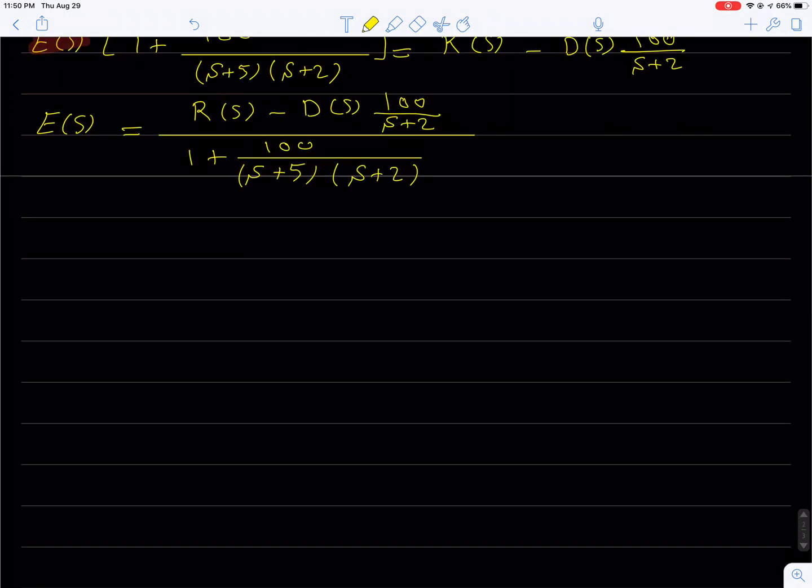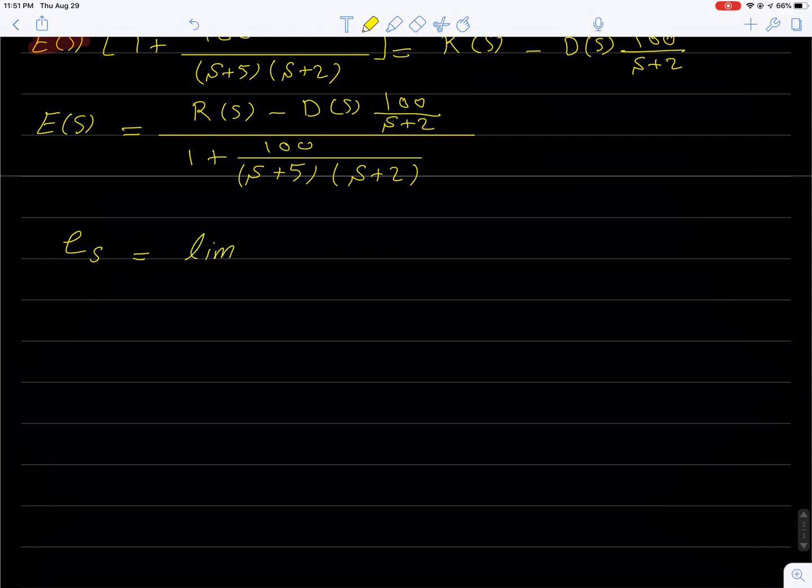Now, what is the steady state error? We know that in time domain, E_SS, the steady state error, is equal to the limit as t approaches infinity of E of t.